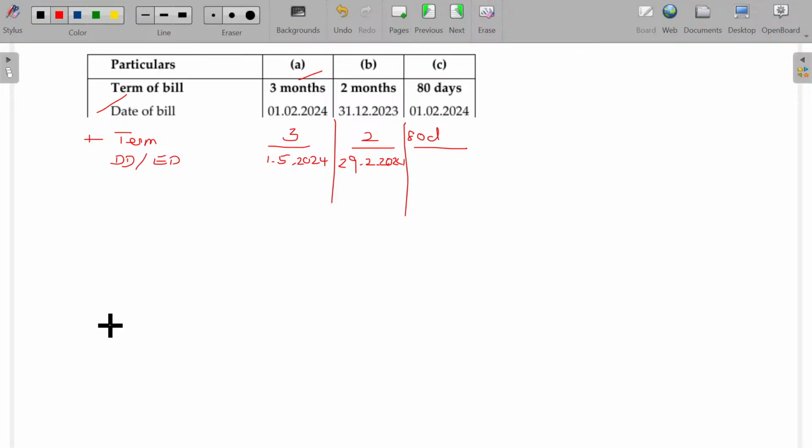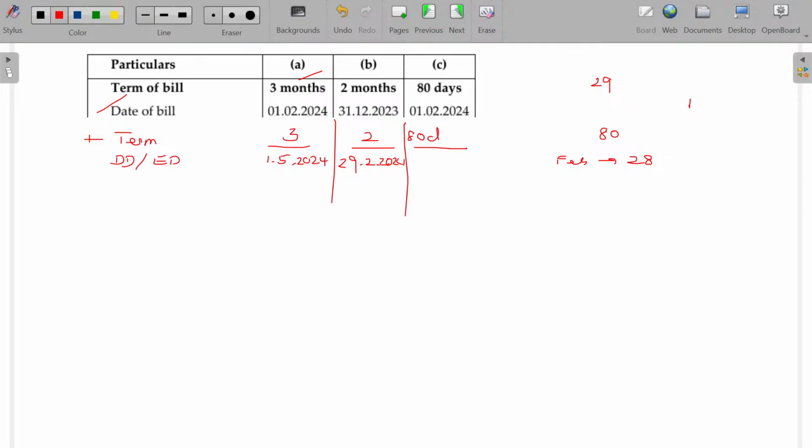Then what more? In case of 80 days, how can we calculate? February 2024, how many days are there? 29 days. Leave the transaction date, so we have 28 days. Out of 80 days, for the month of February we have completed 28 days.